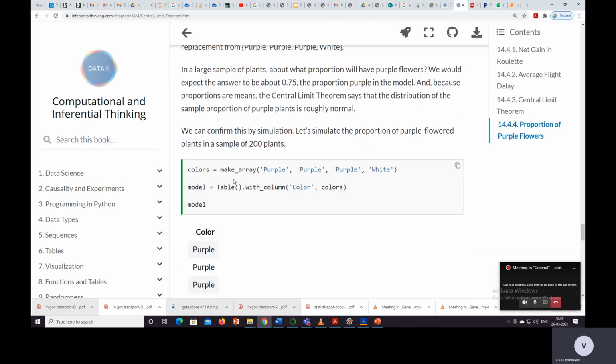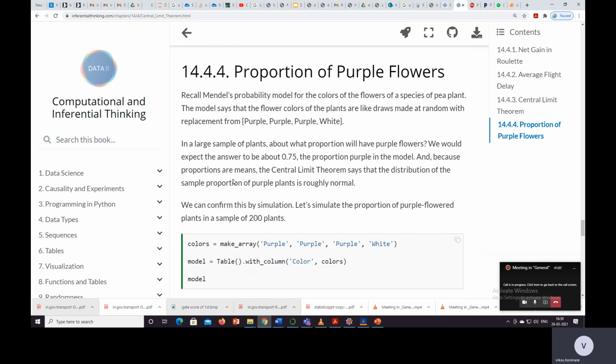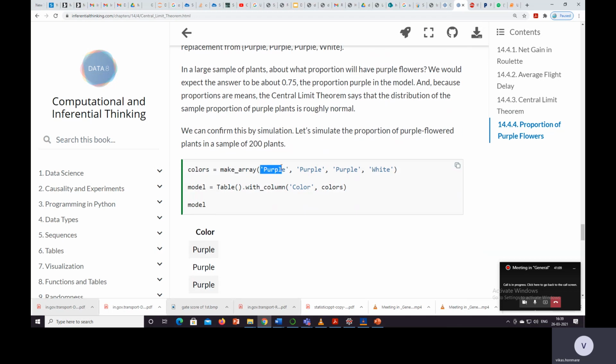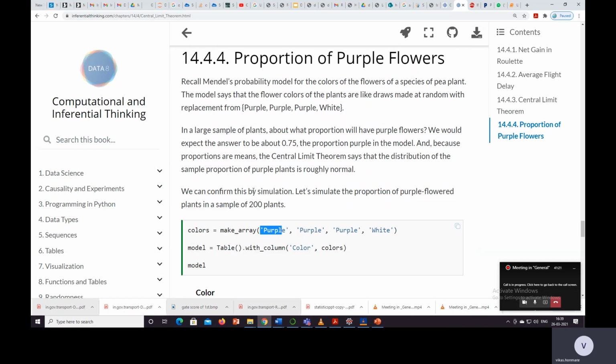Okay, here is one more example. We have a table with a column named colors, and it contains purple, purple, purple, and white. This is from Mendel's experiment.